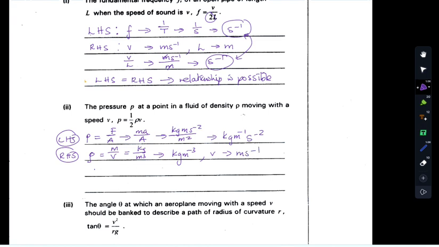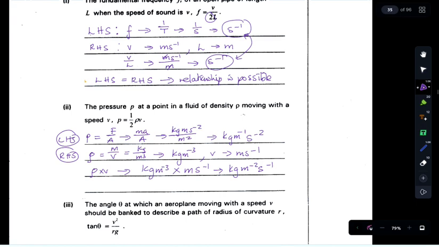Now multiplying rho times v gives kg per meter cubed times meter per second. If we simplify this, it gives us kg, m to the power minus 2 and s to the power minus 1.